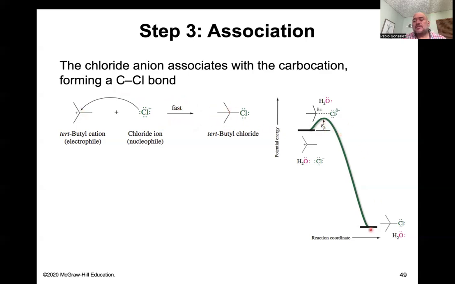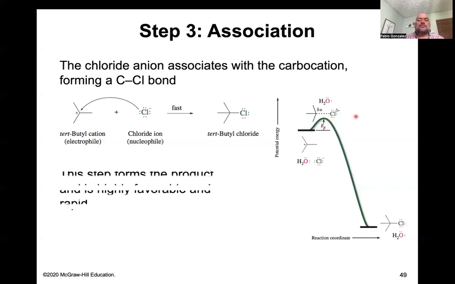As you may see here, the product is pretty stable, so that's why the energy drops to this point. That activation energy is so small that the third step, the association, is going to be pretty fast. Here we can also see the transition state, which represents the bond forming between the carbon and the chloride ion.